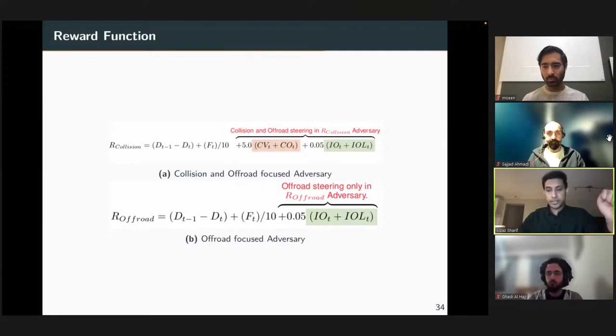And in the coming slides, we will show that it is also not very efficient. But there is another way, which is only focused on an off-road adversary. What the adversary learns is just some weird off-road steering movements, and those will be perceived as adversarial attacks even from a distance by self-driving cars. And the off-road based adversary will be just fine.